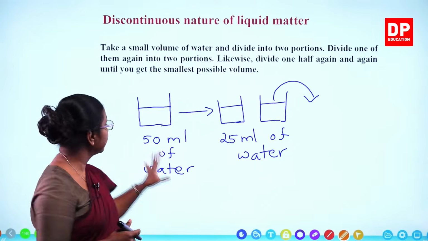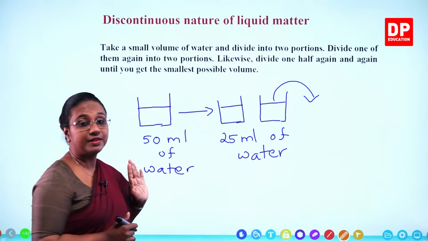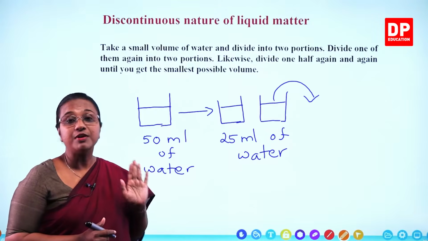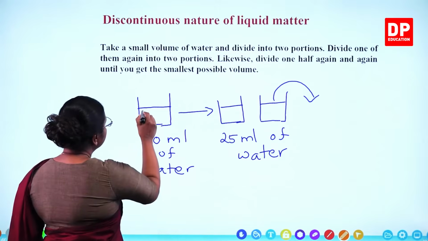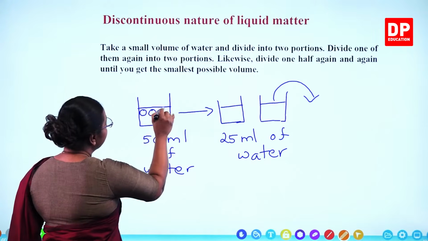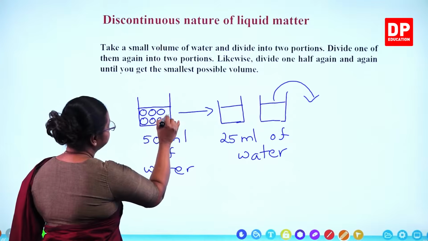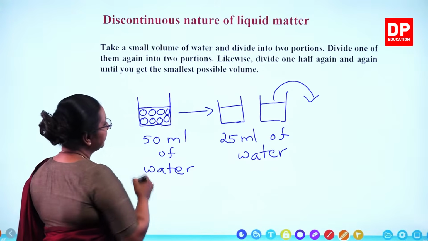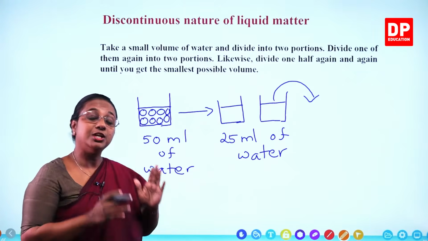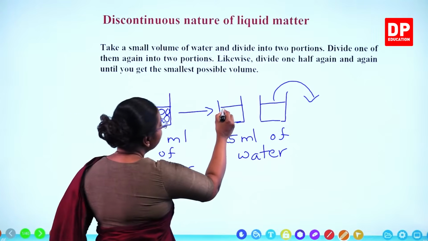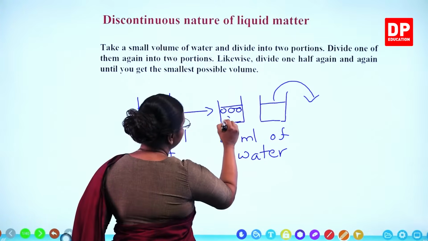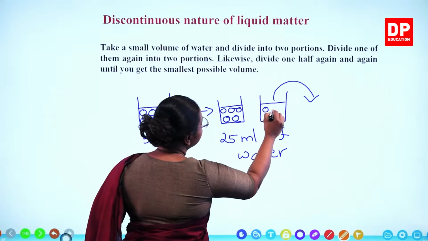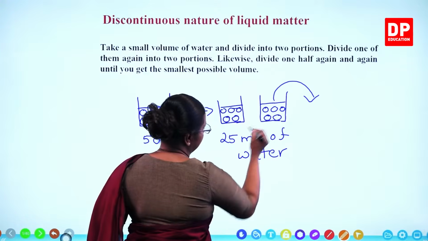That is because this particular volume of the liquid is made up of particles. So if we take this, we'll say there are particles like that. Now out of these particles, when you divide it into two equal volumes, half the number of particles will go into one, the other half will go into the second beaker.